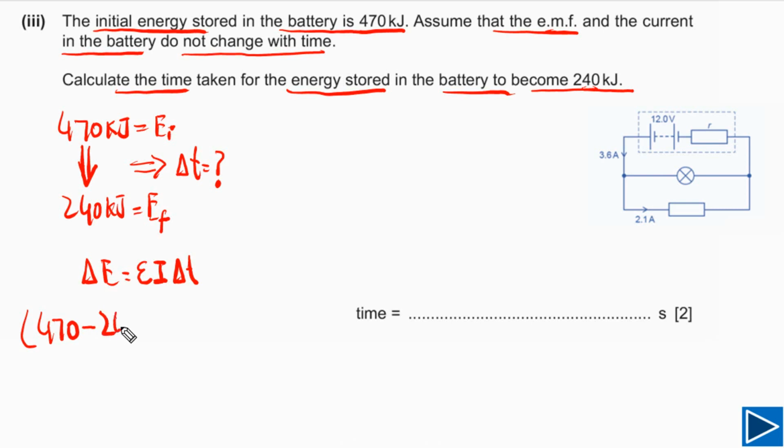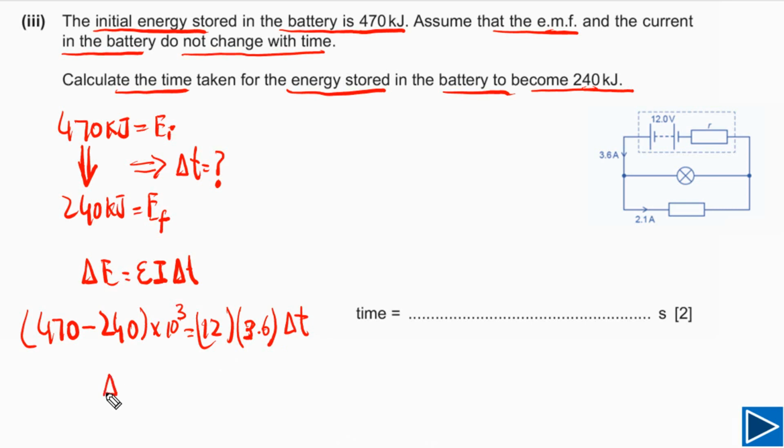We write 470 minus 240, and we need to multiply by 10 to the 3. The EMF of the power supply is given, that is 12, and the current passing through the power supply is also given, that is 3.6, and we simply need to find delta T.